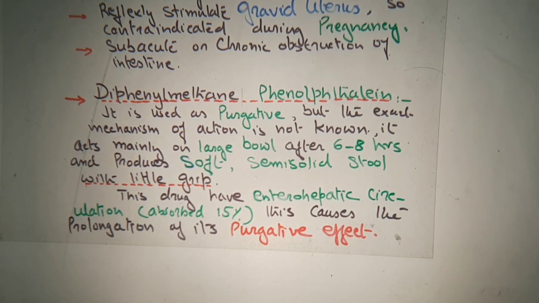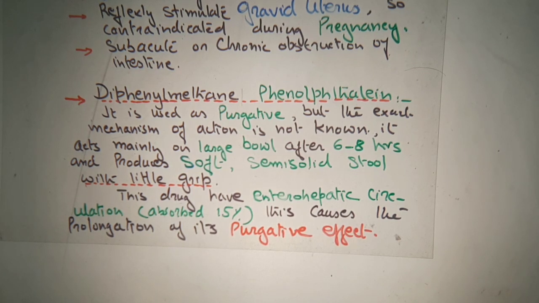It means that it enters into the liver, from the liver into the intestine, shows its effects in the intestine, then again comes into the blood, only 15% absorbed. The remaining again enters into the liver, again into the intestine, again into the blood, again into the liver. That is known as enterohepatic circulation.